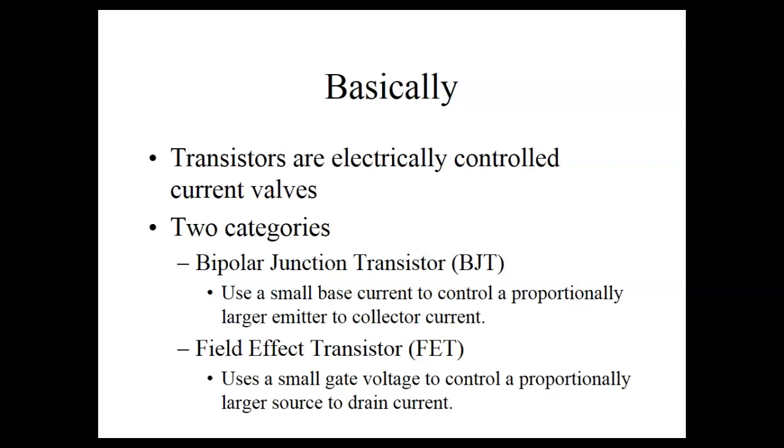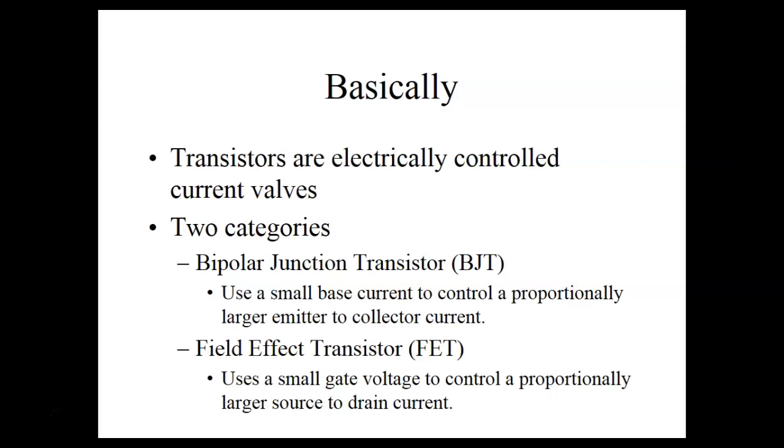The first, which Chapter 9 covers, is the bipolar junction transistor, or BJT. This uses a small current on a lead that we call the base. The first thing we'll have to do is understand the nomenclature of this thing. It uses a small base current to control a proportionally larger current between the 2 leads called the emitter and collector, and we'll look at that later.